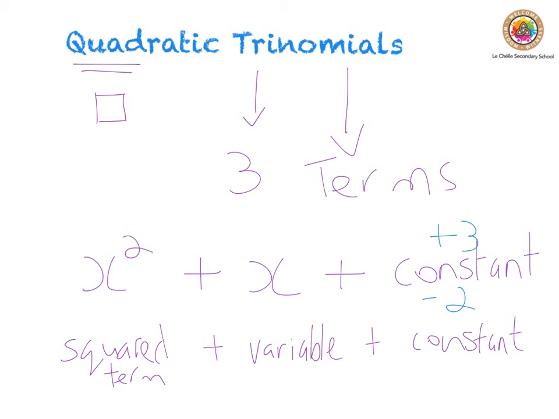A variable is any term that has an x in it, or an a, or an n, or anything. We've seen some terms that had 2x maybe, or minus 3x, or whatever it is. So a squared term, a variable, and a constant. Quadratic trinomials means 3 terms, basically.